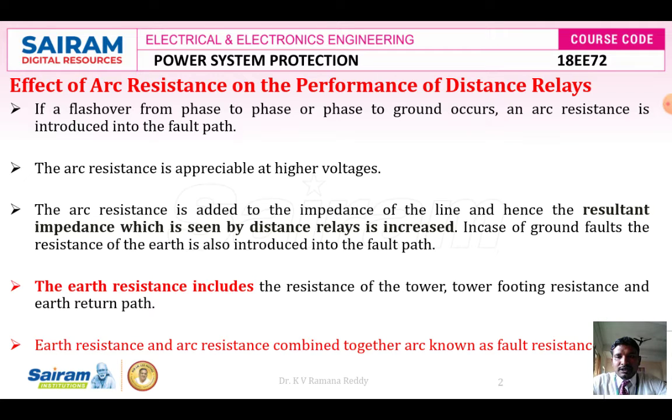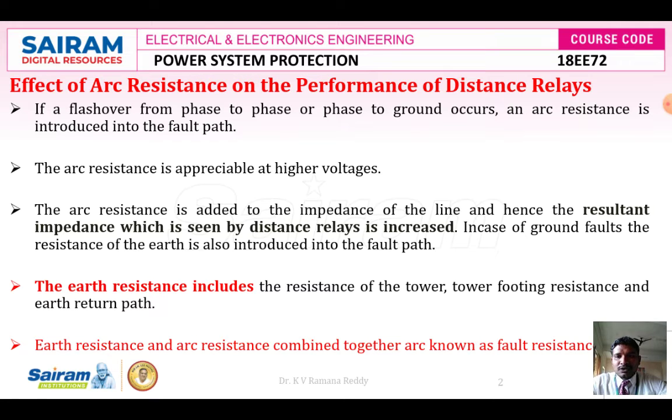in every relay, that is, whenever a short circuit fault takes place between two conductors, there is a problem with the resistance which has been added from one line to another line by the time of the arc or the short circuit.